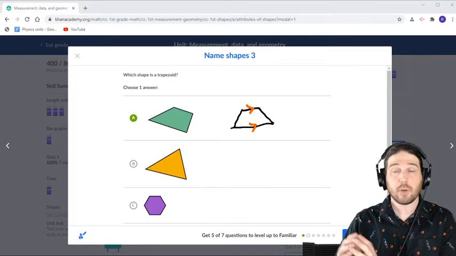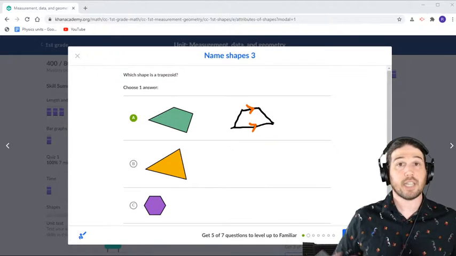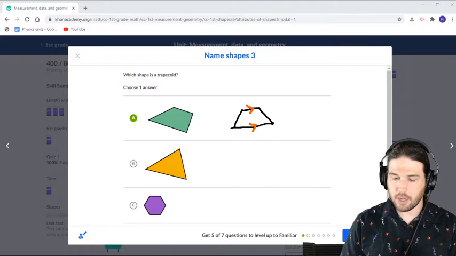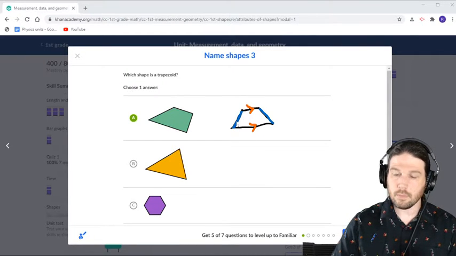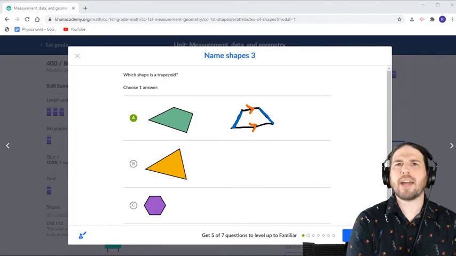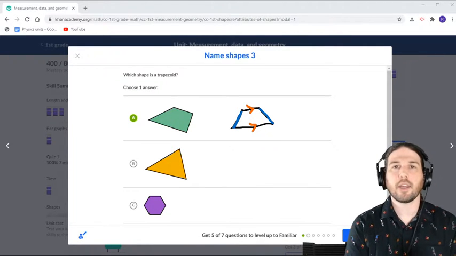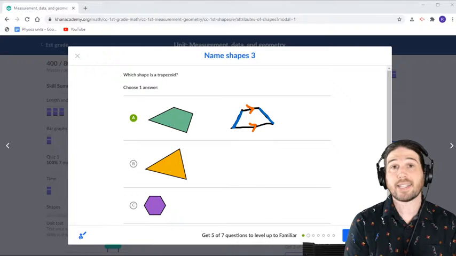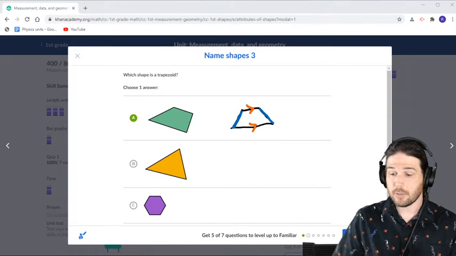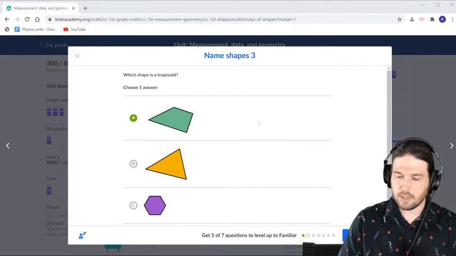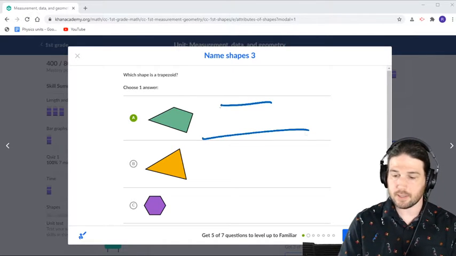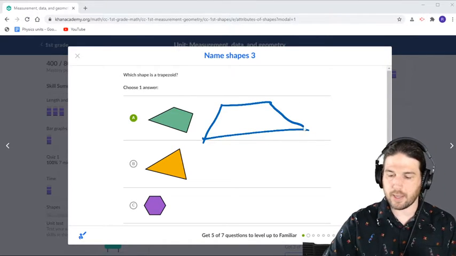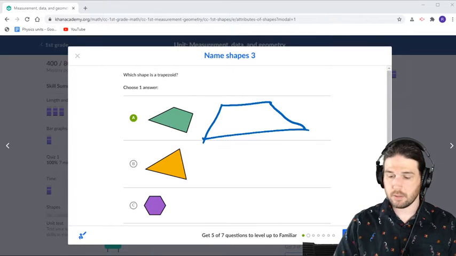If I extended them both forever, they would never touch, right? And these other 2 lines are not parallel. That's a trapezoid. Imagine it like a rectangle with 2 different bases, right? If I was somehow able to make a rectangle that had 2 different bases, but I had to connect them anyway, that would be a trapezoid.